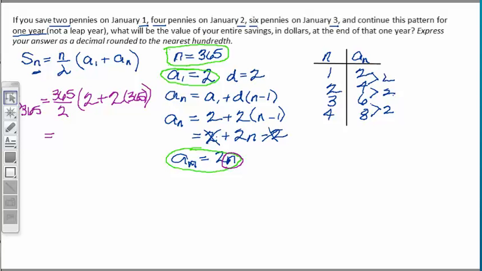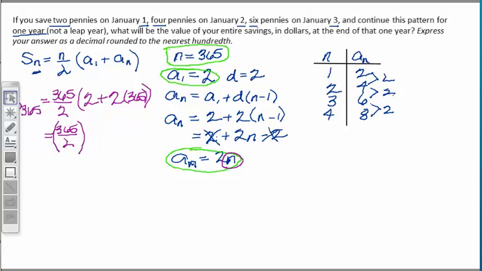I'm looking at my cheat sheet so I don't have to grab my calculator and start keying all this in. I put parentheses around that because this is exactly how I entered it in my calculator.